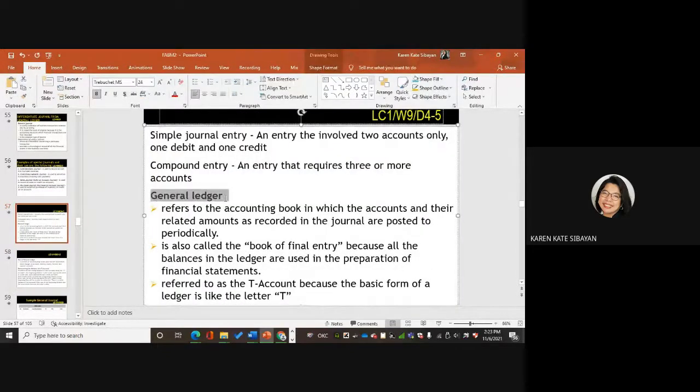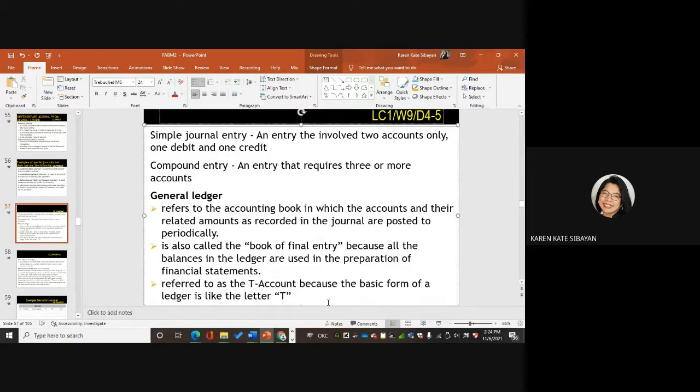General ledger naman, on the other hand, class, is dito usually nilalagay yung ito yung malawakang T account. Okay? So, general ledger, lahat ng accounting title mo is nasa iisang ledger lang. Kaya nga, general ledger.